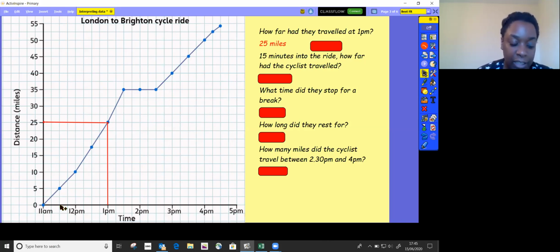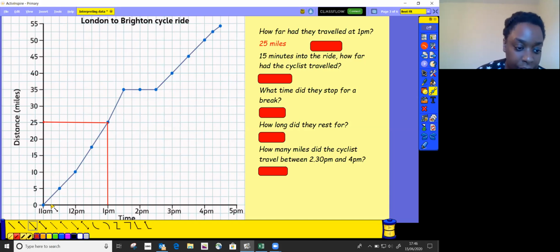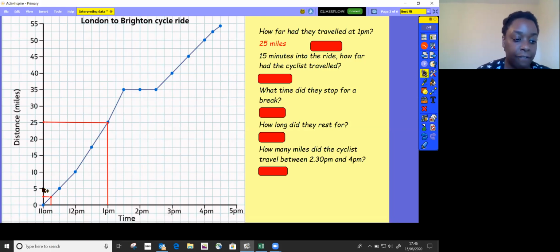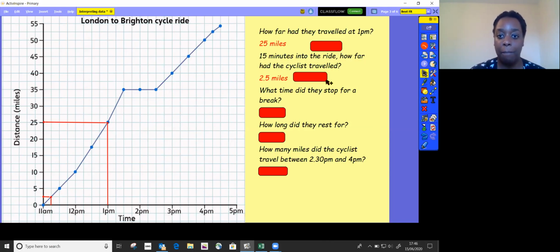So then 15 minutes must be half of that, so it's here. They started at 11, so 15 minutes later, they are here. And if I go across again, I can work out what this number is. So it is halfway between 0 and 5 miles, which must be 2.5 miles.